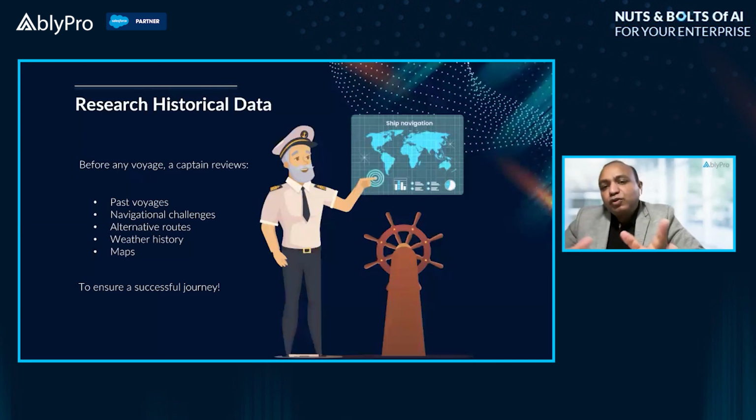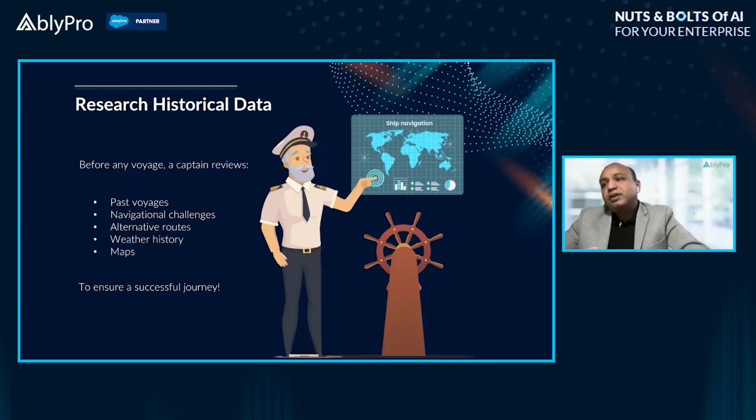And you're going to study all these maps. And you do this because you have a lot of passengers on board and you want to make their experience successful and you want to have a successful journey. So it's very important that when you start your enterprise journey or your journey through the ship, you understand and research about your history.